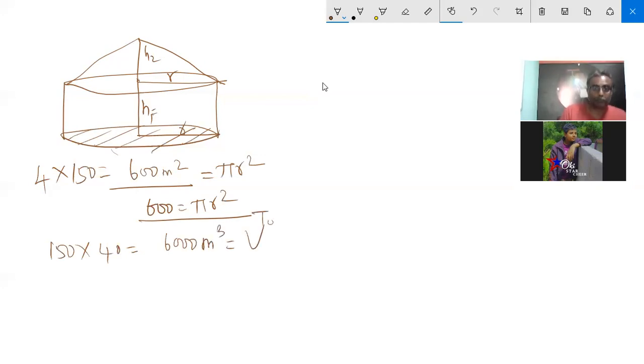Total volume. Okay. Yeah. So now what you have to find? This is 6,000. So pi r squared H1 is the cylinder's volume.